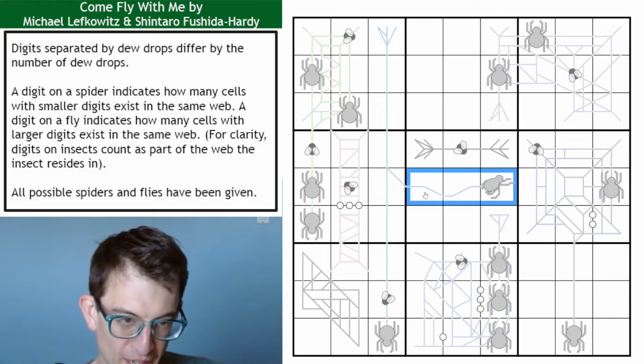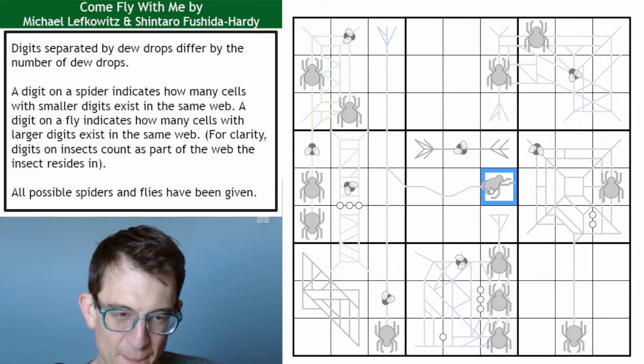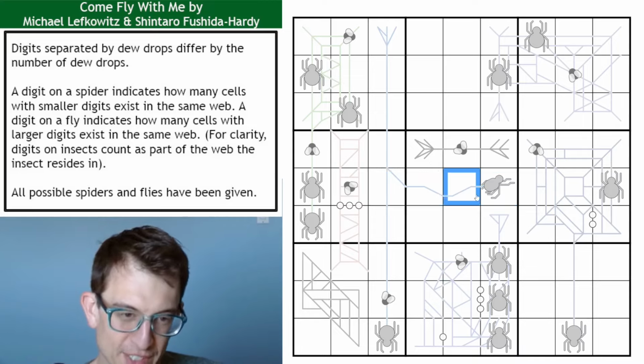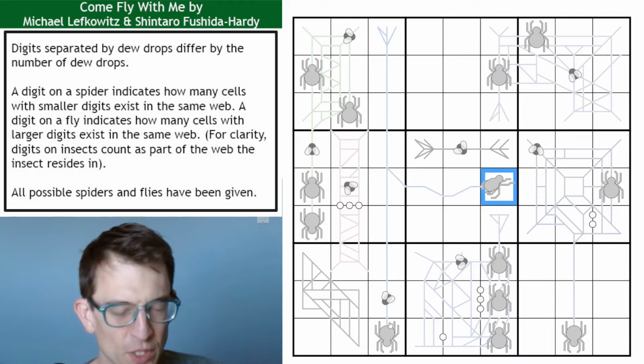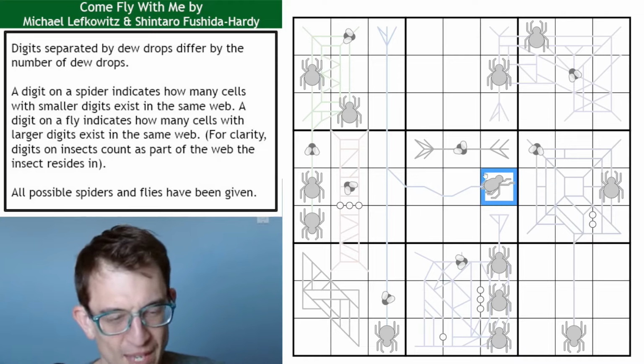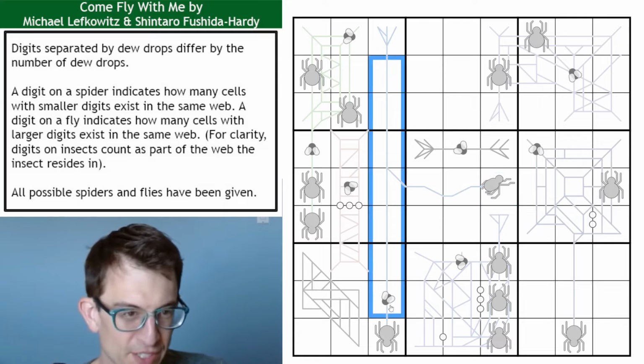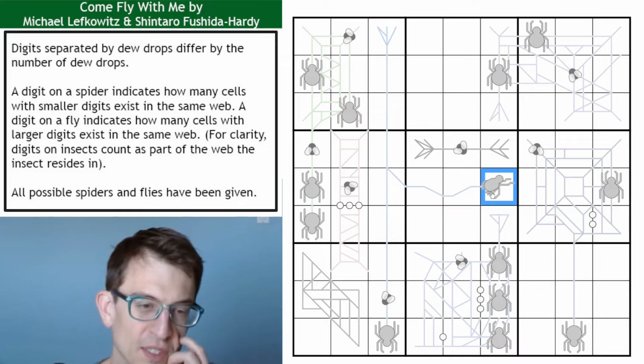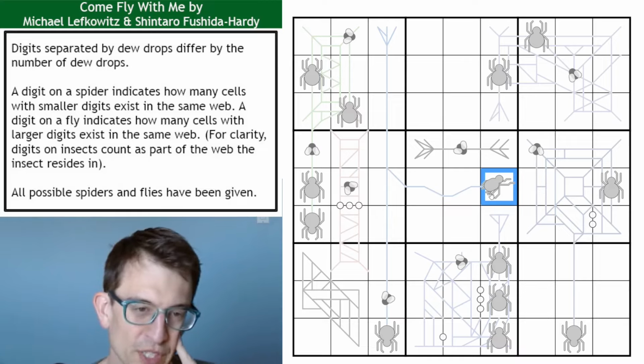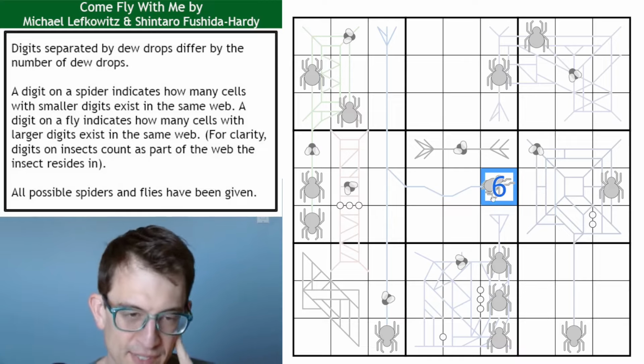Now going the other way, it's not the same. Because I don't know how many digits less than this spider. Oh, no. It is, well, I need to be careful here because no, it doesn't matter. Yeah, here it's exactly the same actually, which is strange. Let's say this is 6.